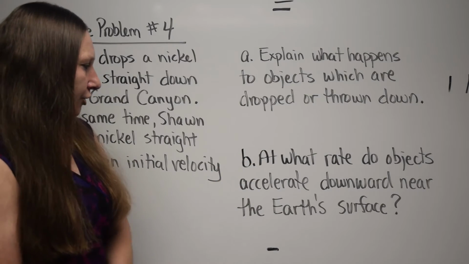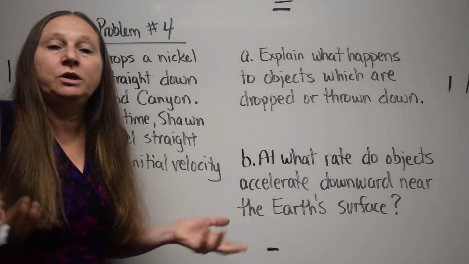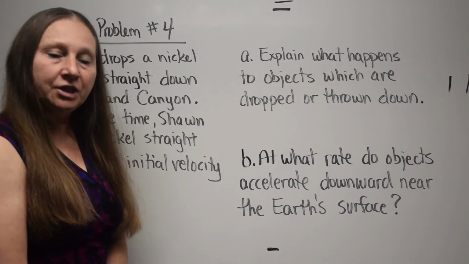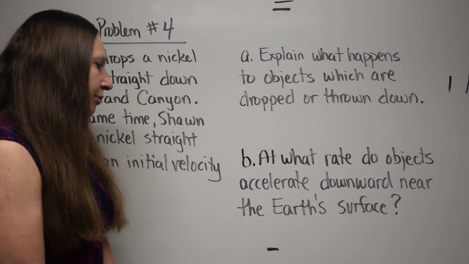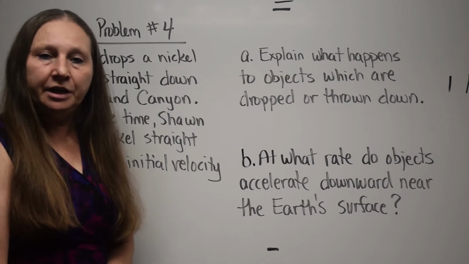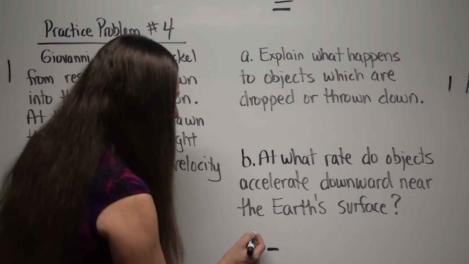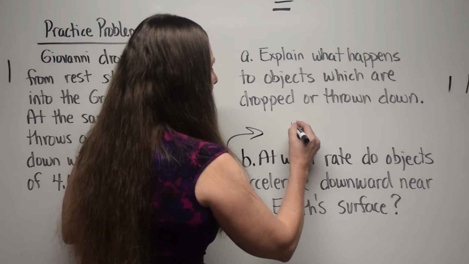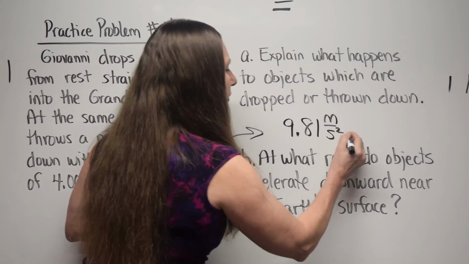Now, second question, at what rate do objects accelerate? In other words, what's the number for the Earth's acceleration due to gravity? At what rate do objects accelerate downward near the Earth's surface? Well, on your reference tables, and I'll put the answer up here, it says 9.81 meters per second squared.